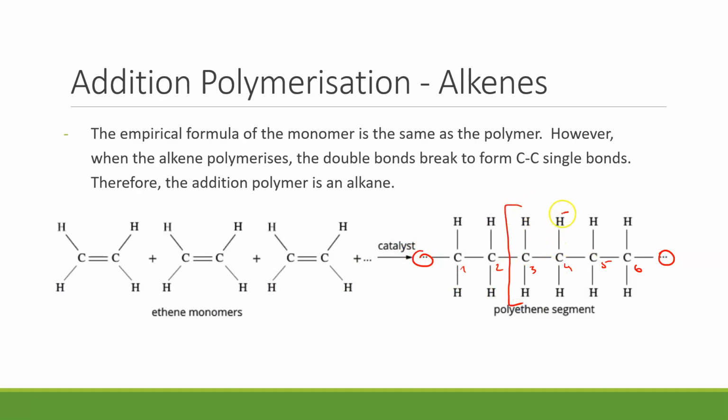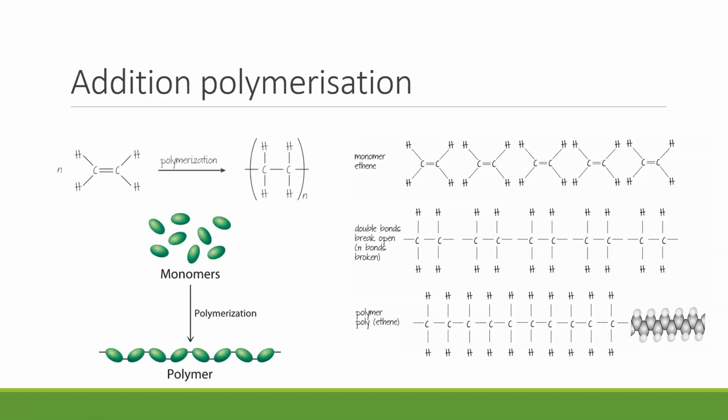Square brackets around the repeating area and an N. Okay, so we would essentially draw 3 equivalents of the monomer joined together in a polymer. It doesn't matter what has been attached to it, we will simply go through this process where we remove the double bond, keep what was on each carbon on the carbons, and then close up our polymer to show our repeats here.